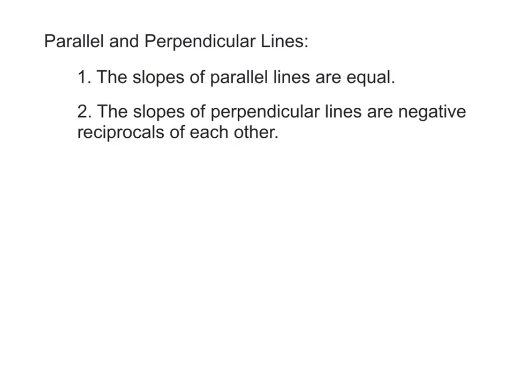Now, secondly, the slopes of perpendicular lines are negative reciprocals of each other. Well, what in the world do we mean by that? So, if two numbers are negative reciprocals of each other, that simply means if you multiply the two numbers together, you're going to get minus 1. So in this case, if one line has a slope m1 and the other line has a slope m2, and we multiply them together and come out with minus 1, we know that the lines are perpendicular.